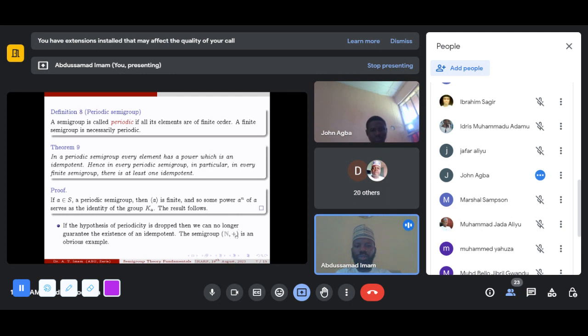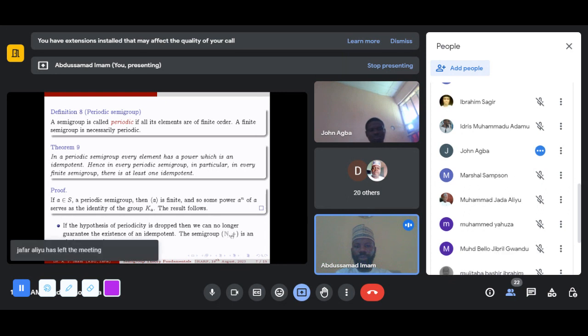This semigroup has no idempotent, because there is no way you can add a natural number to itself and get the same natural number back, except if you include 0, but we assume that 0 is not there here. So this semigroup contains no idempotent. It is not the case that you must always have an idempotent in every semigroup, but if you are certain that your semigroup is periodic, then you can be certain of the existence of an idempotent in that semigroup.